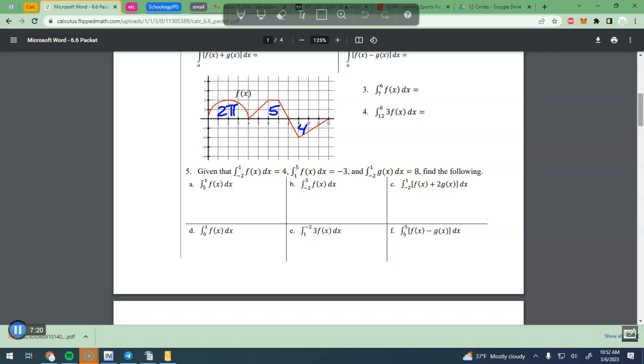How do I know that? Bigger numbers at the bottom. So I'm reading it right to left, going 7 to 6, so you're going in reverse. The area between those two things, from 6 to 7, is 2. If I'm going in the normal direction, it'd be positive 2. But because I am going in the reverse direction, that would be a negative 2. That makes sense why I'm getting negative 2 there?